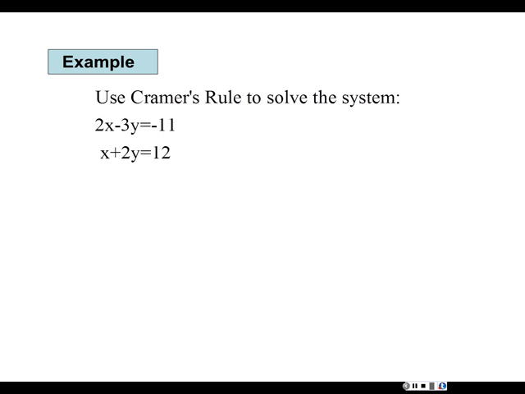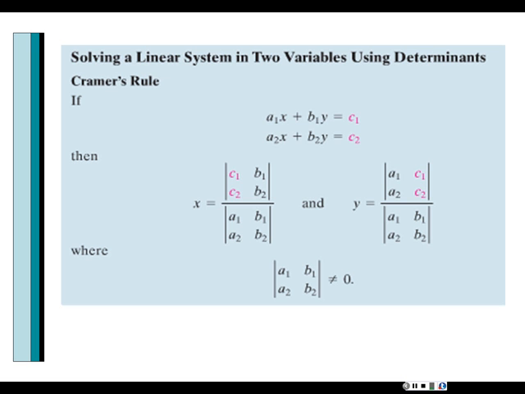Okay. 2x minus 3y equals negative 11. x plus 2y equals 12. Okay, now let's go back to the previous slide so that you can see Cramer's rule here for solving a linear system of two variables.